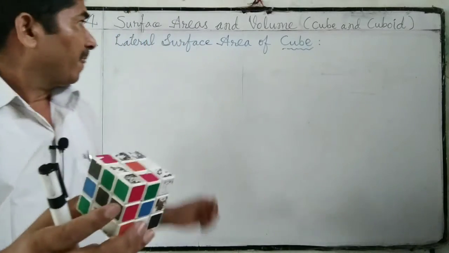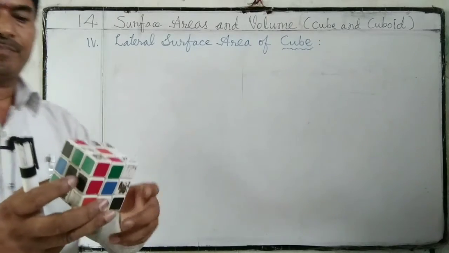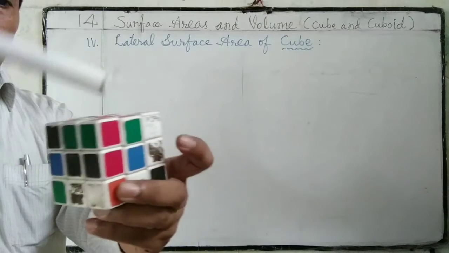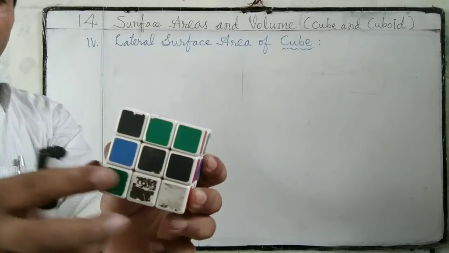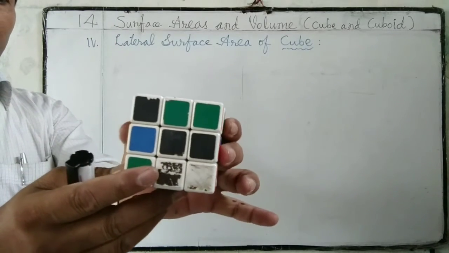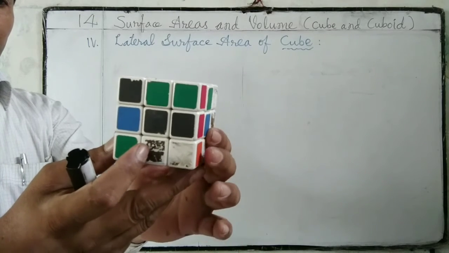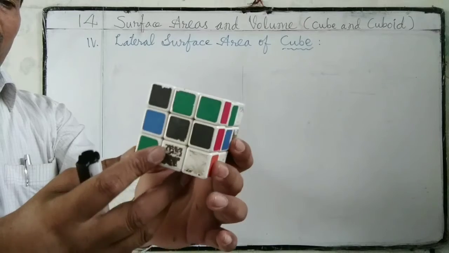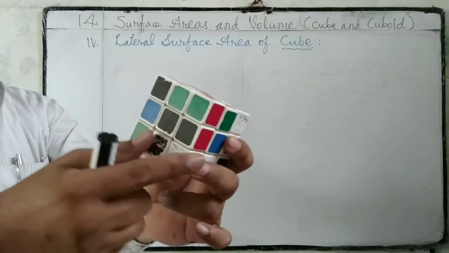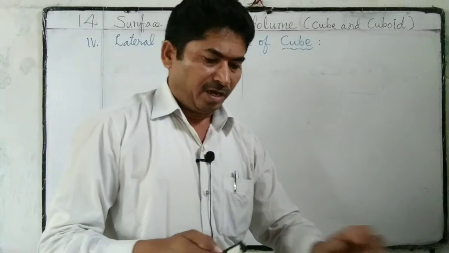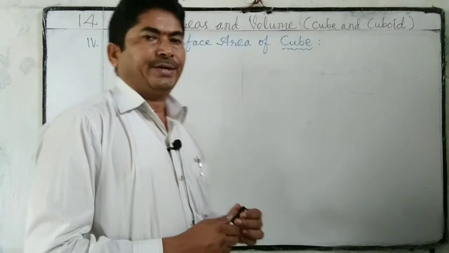For this lateral surface area, it has 4 lateral surfaces, 1, 2, 3, 4. So these all are equal sizes and equal shapes, that is square shaped. We know already the area of a square is side into side.